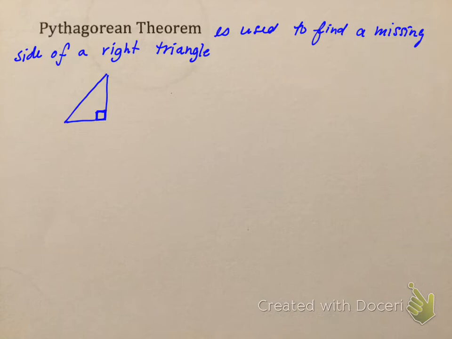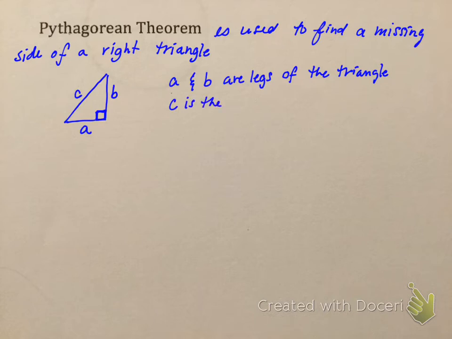When we do the Pythagorean theorem, we have to understand what's called a leg and what is the hypotenuse. So I'm going to use A and B. A and B are legs of the triangle, and they are sides. So sides A and B are legs of the triangle. C is the hypotenuse.